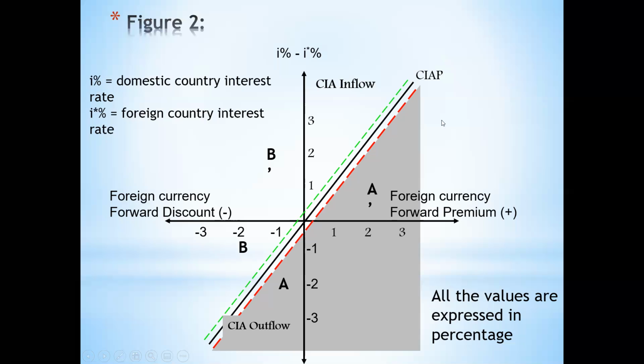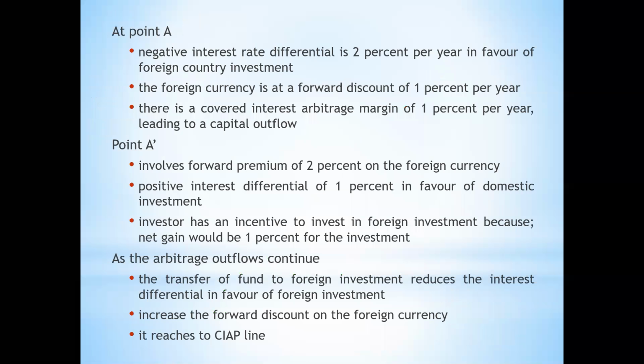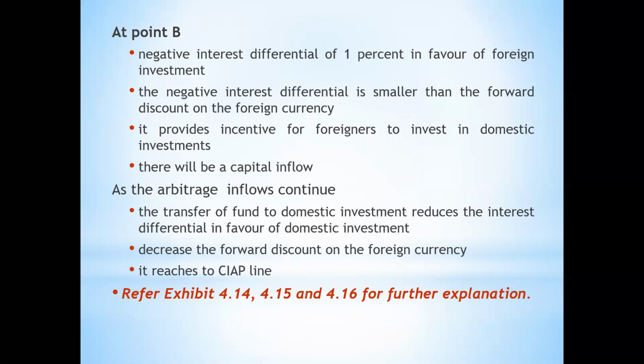So this is what we call purchasing power parity, right? All these points that above and below the point of this color, this line, CIAP line, we can see in your right hand side, you can see capital outflow, right? In your left hand side, you can see capital inflow. Right? So that is what we call interest arbitrage.